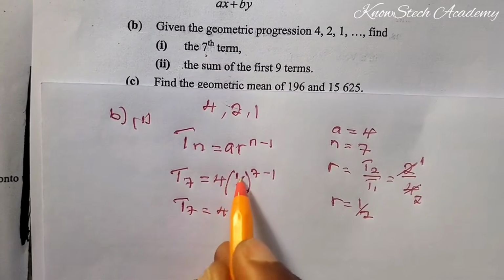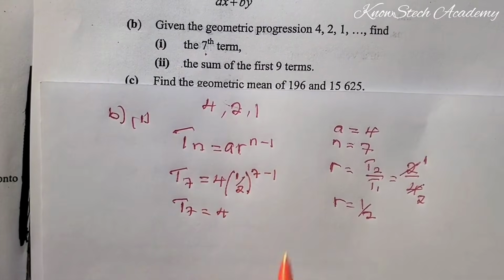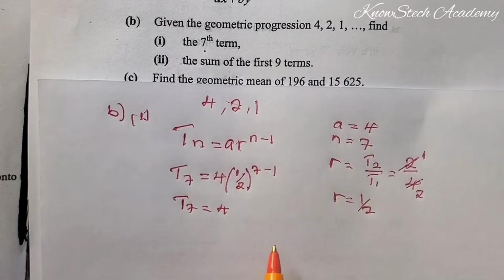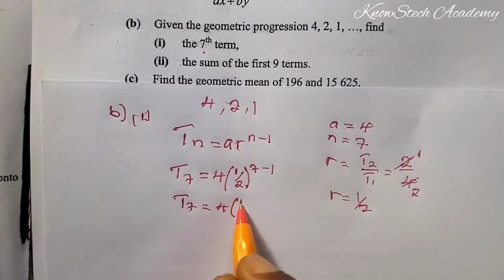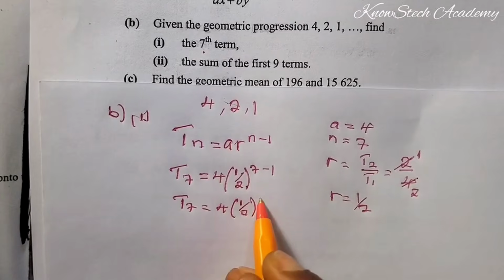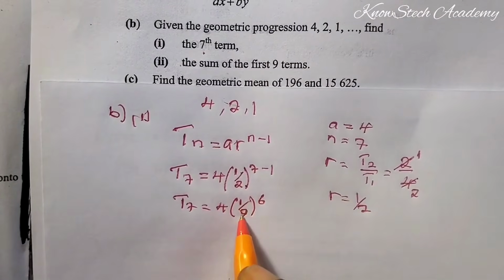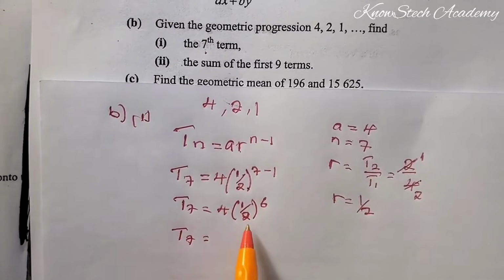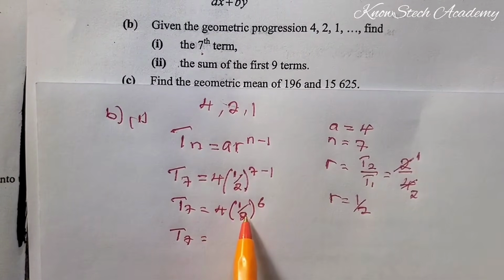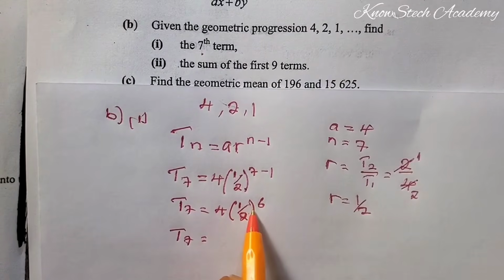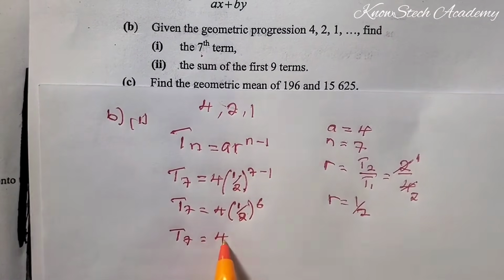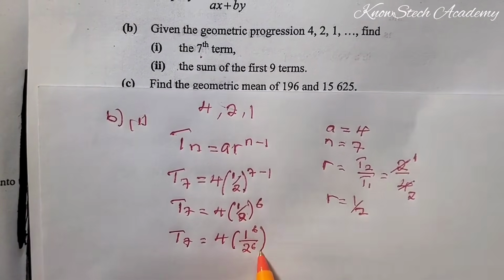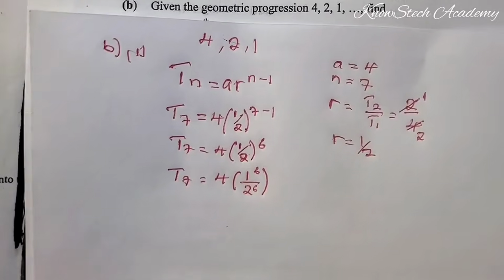We can't multiply here because this half inside the bracket is raised to a power, so don't make that mistake. What we can do is subtract the power: 7 minus 1 is 6. Everything inside here is raised to the power 6, so this can be written as 4, open bracket, 1 to the power 6 over 2 to the power 6. This is what it means.